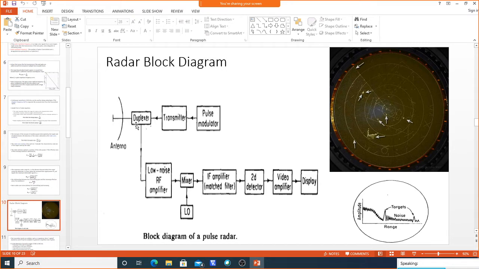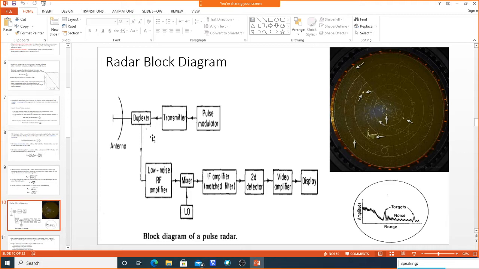In a similar way, when the anti-transmit-receive module is on, the TR module is off, and it only receives the echo signal or received signal. It consists of two gas discharge type devices, called the TR module and the anti-TR module.